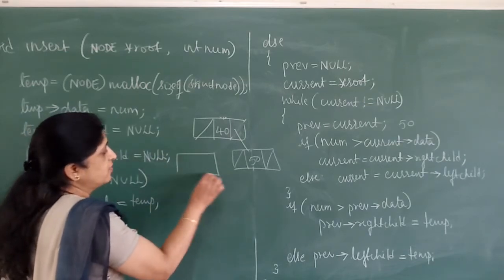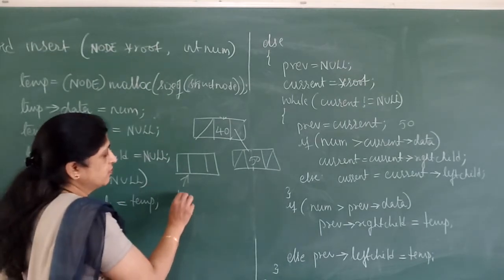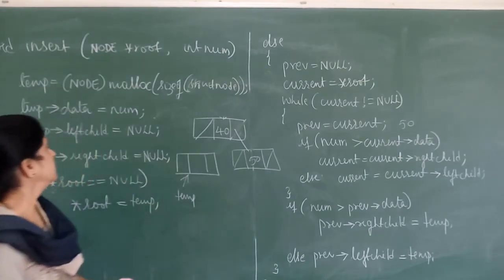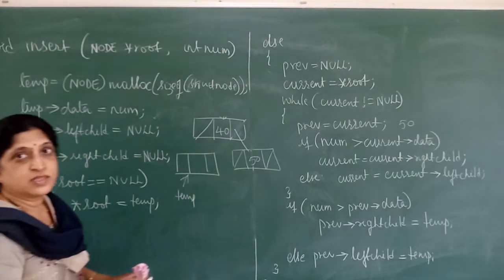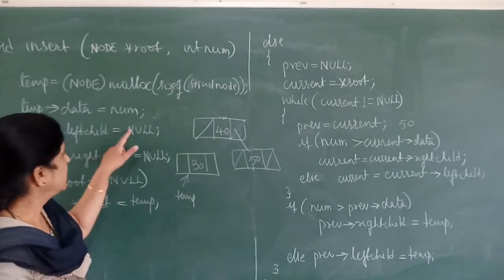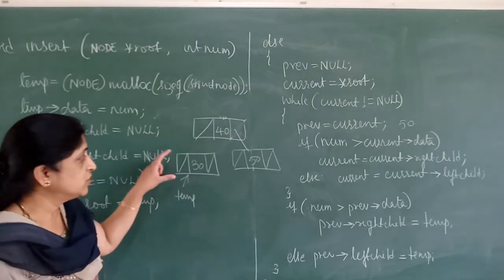A node has been created and temp is pointing to this. Then I write temp data is equal to num. I said 30 is what we want to insert. Then I am assigning null in the left child field and the right child field. Now this node is ready.